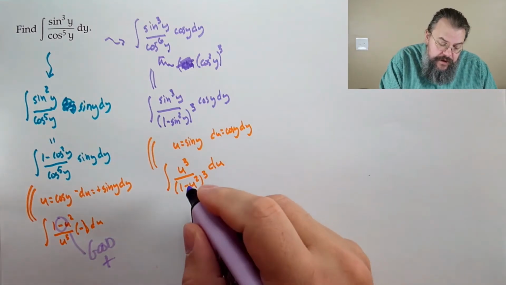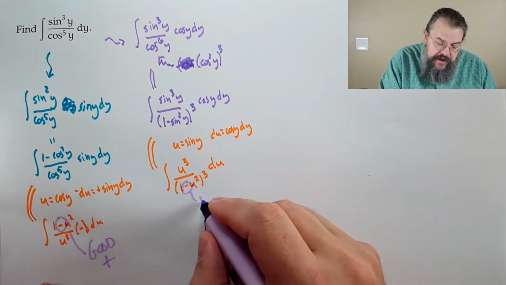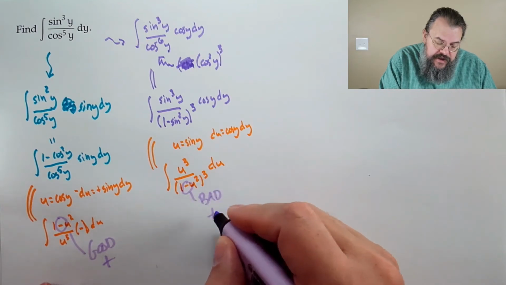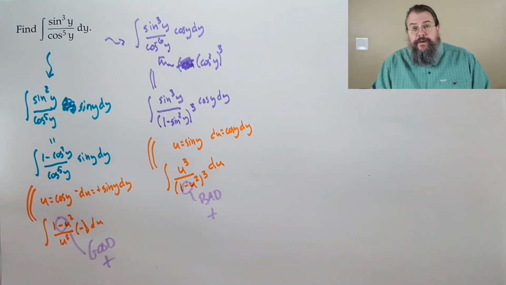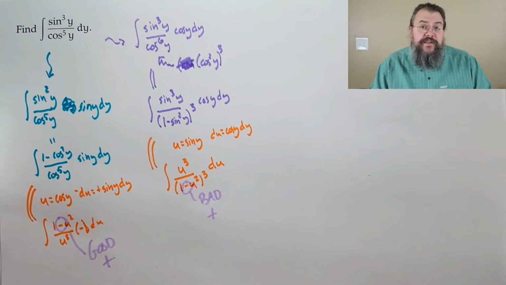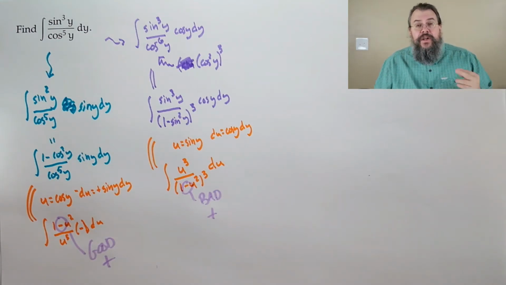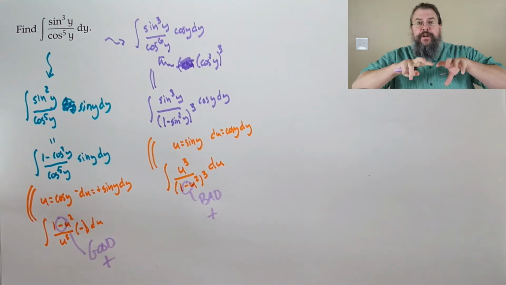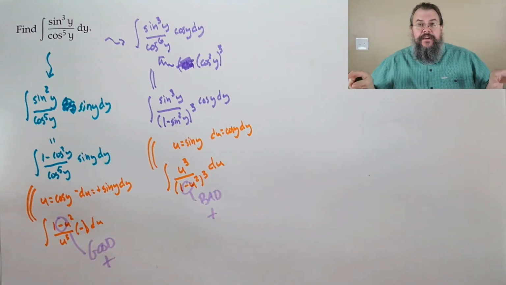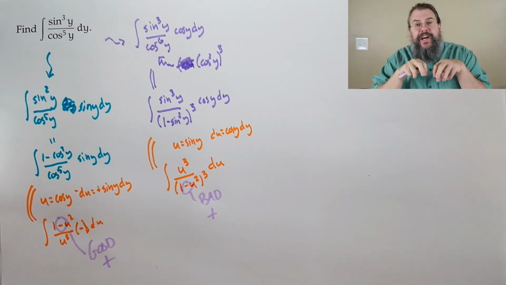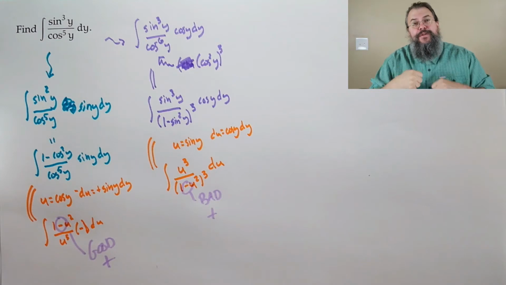This is a bad addition because it's in the denominator, and more precisely, it's inside something. So good addition is when the addition happens on the outside of pieces and allows for separation. Bad addition is when it's on the inside, which means you can't pull things apart.